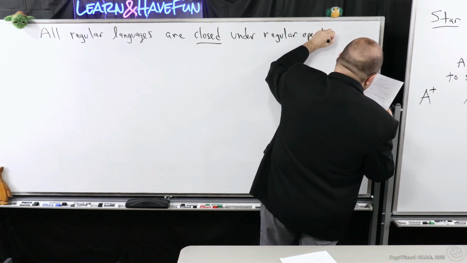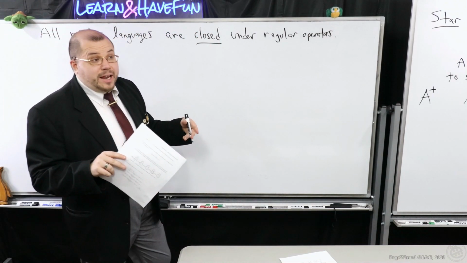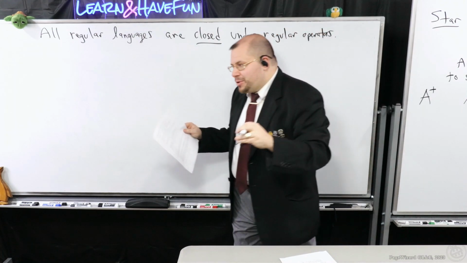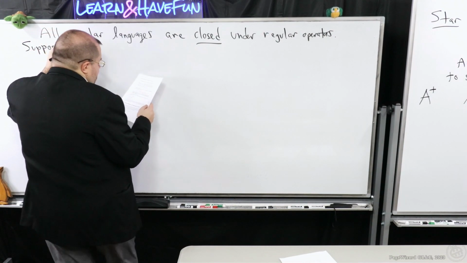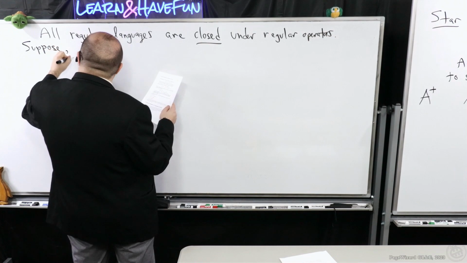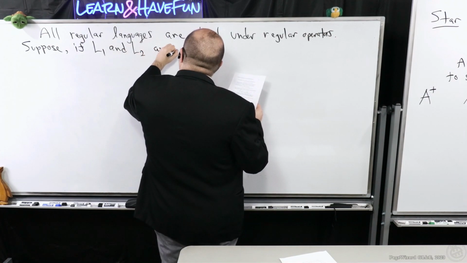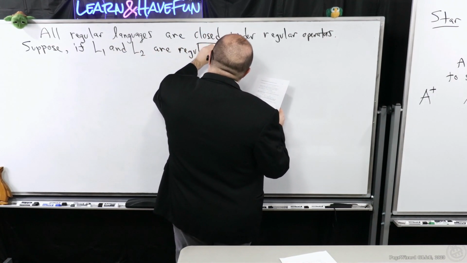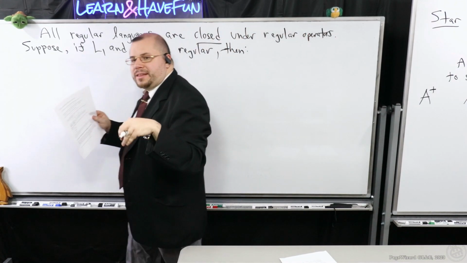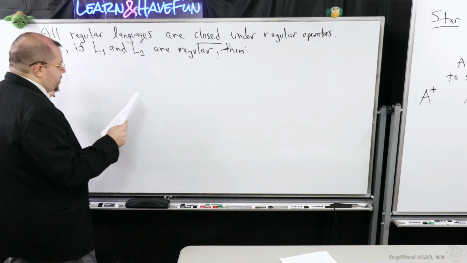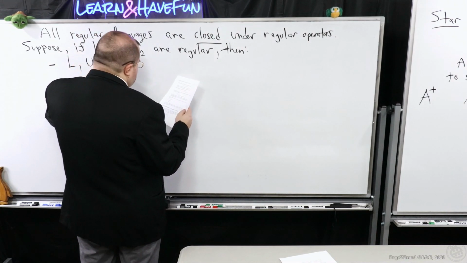Remember, I can use regular operators on any languages, right? But suppose I give you two regular languages. Suppose L1 and L2 are regular, and remember, one way you can define a regular language is that there exists a DFA that recognizes said language, right? So what it says is that if I take L1 union L2, that is regular.